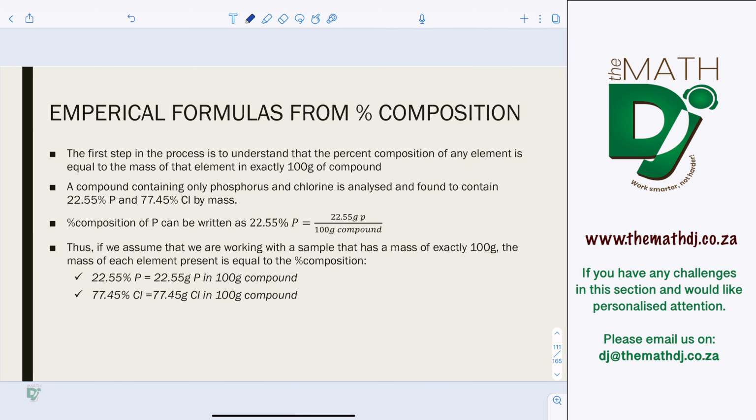So, empirical formulas from percentage composition. The first step in the process is to understand that the percentage composition of any element is equal to the mass of that element in exactly 100 grams of the compound.